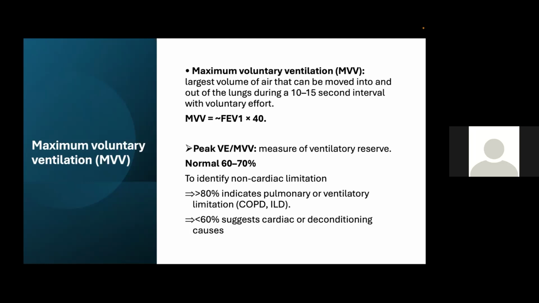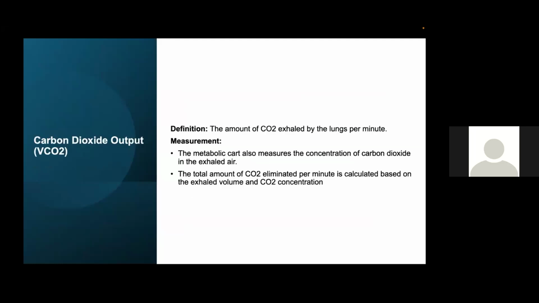On the other hand, if it is at the normal level or less than 60%, that suggests non-pulmonary limitation, cardiac or deconditioning, or other limitation. So it's a really important parameter that can help us determine the pulmonary limitation.